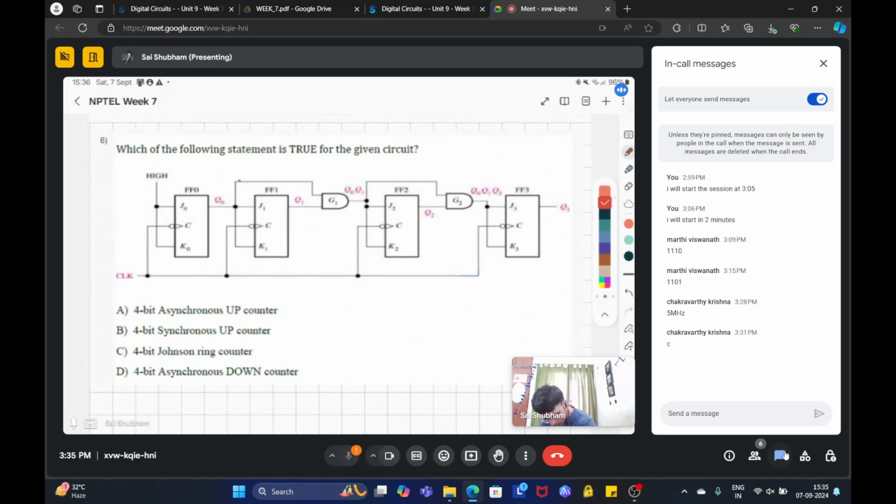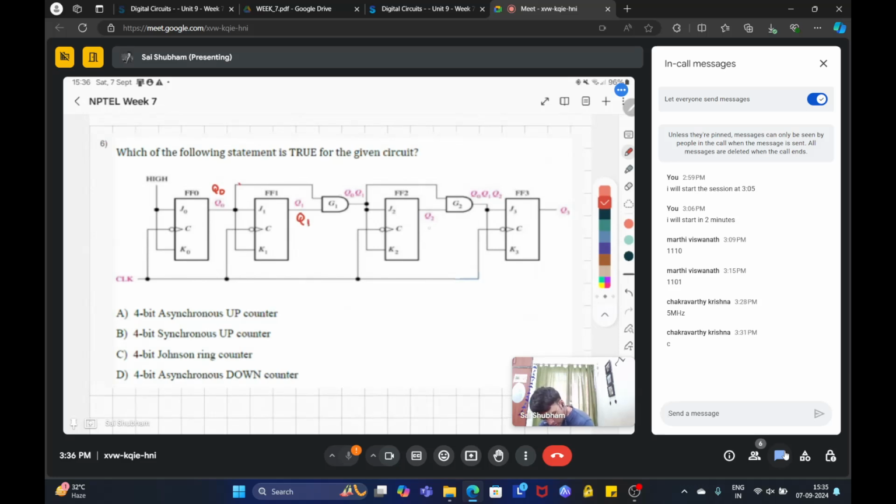I think the figure is clearly visible. This is Q0, this is Q1, this is Q2, this is Q3.